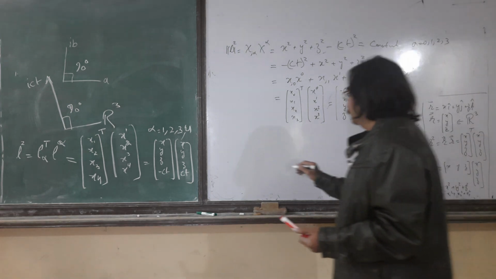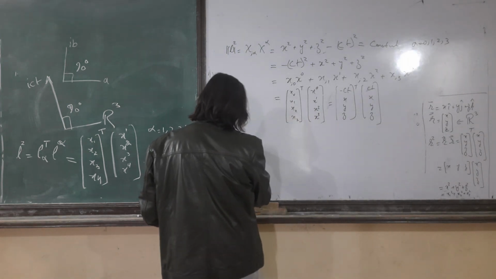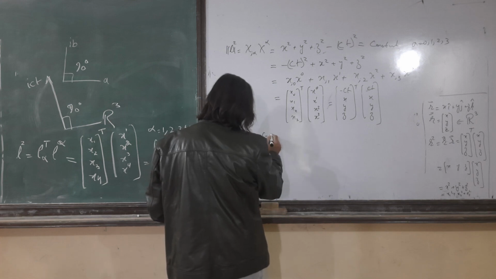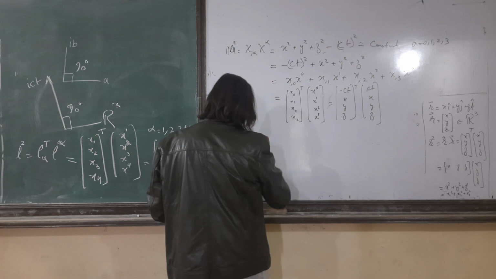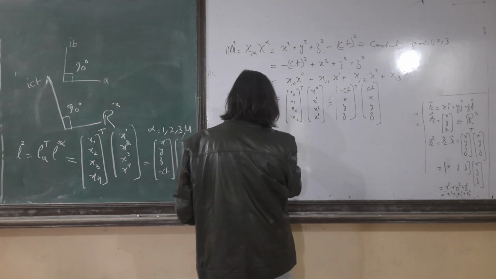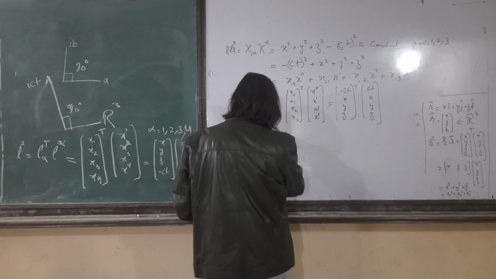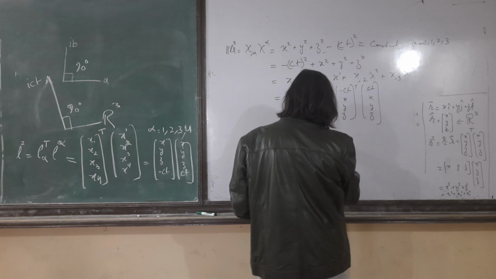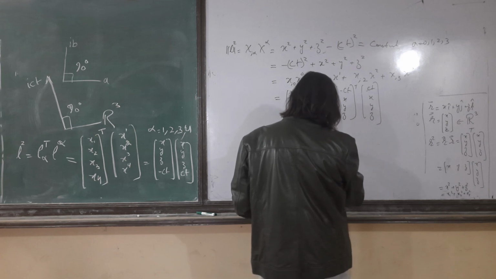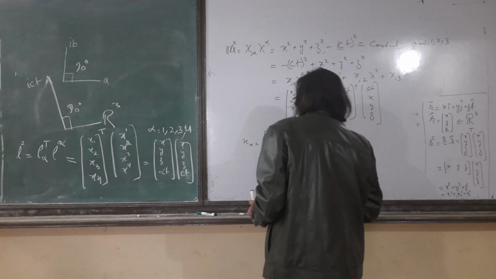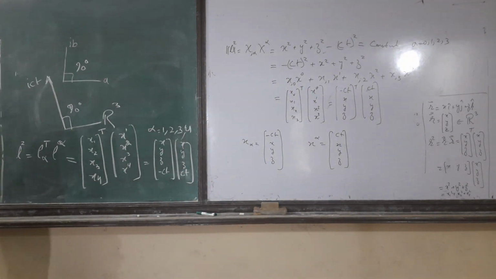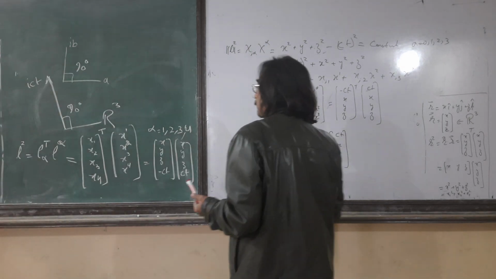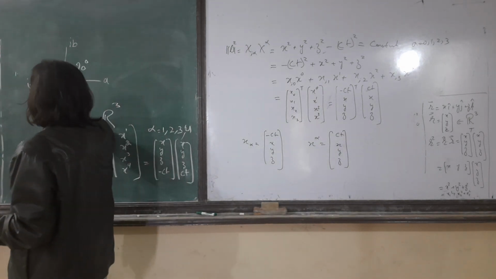So this will be equal to this. And why is this called flat space?